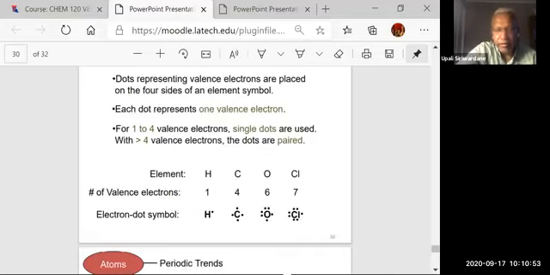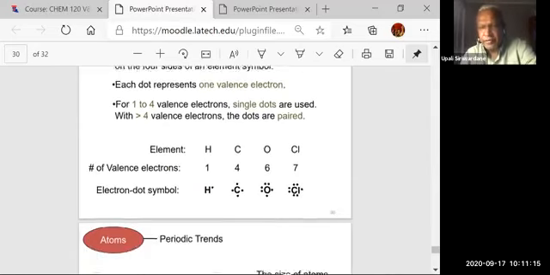How do you fill them? You fill first around the atom in 4 corners, like carbon. Then the extra additional ones are paired up, like oxygen here. Oxygen has 2 more, then you have to pair up. First you fill in with single electrons, then pair.